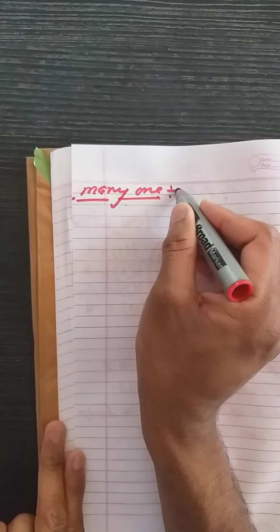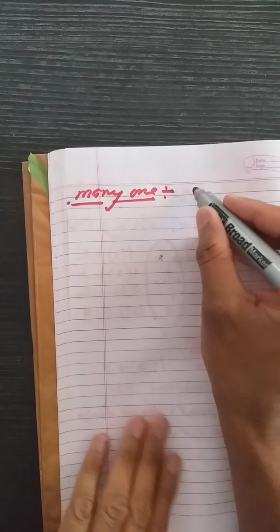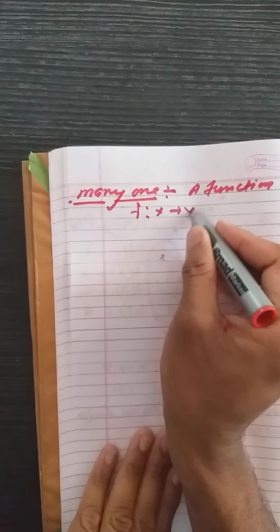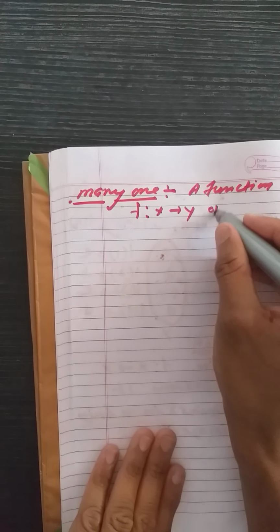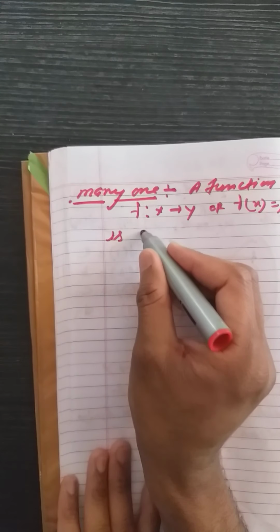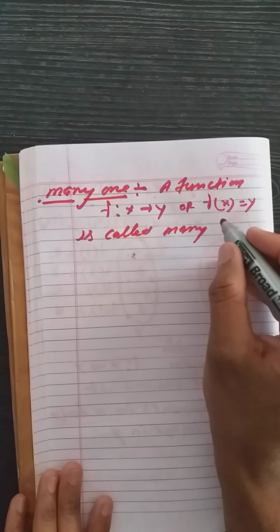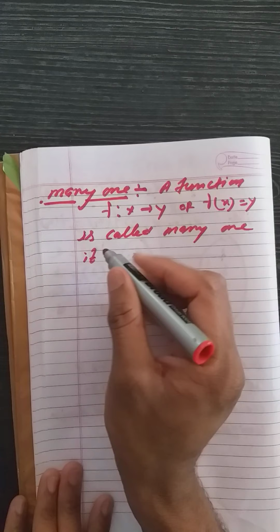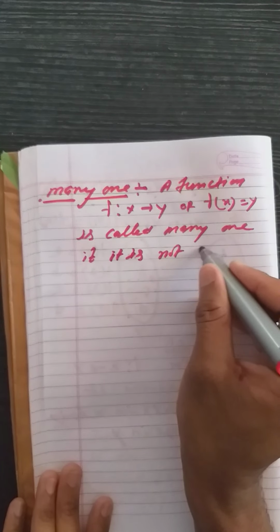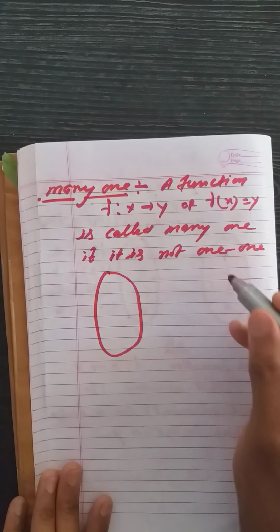A function f from X to Y is called many-one if it is not one-one.